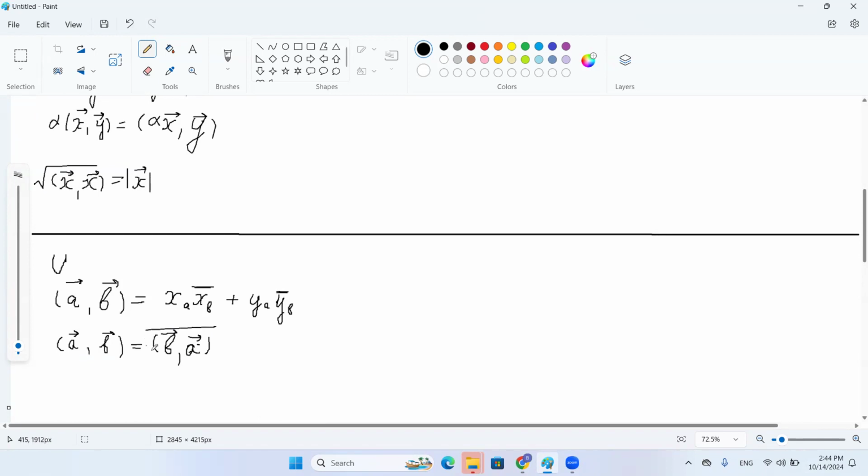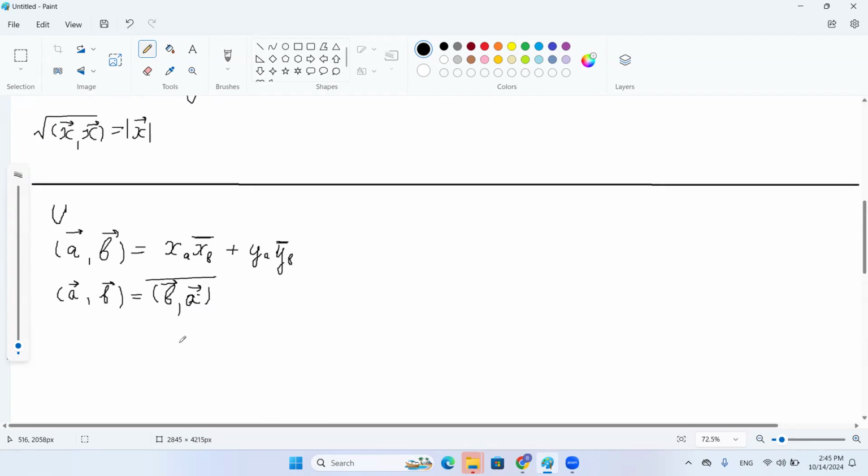So we have such signs, the opposite complex number. So the Hermite product of B by A equals the complex conjugate of the product of A by B.